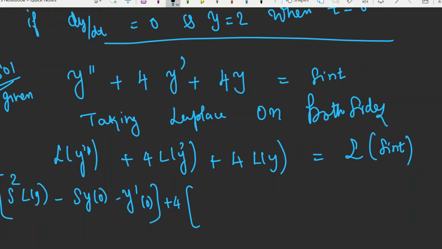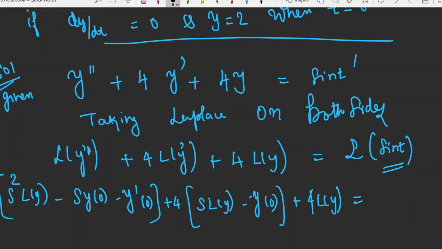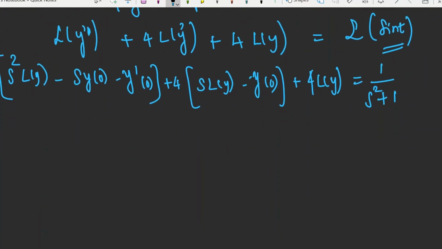What is the value of L of y dash? s L of y minus y of 0, plus 4 times L of y equals, we know the value of L of sin at. The formula for L of sin at is a by s square plus a square. So here a value is 1, so 1 by s square plus 1 square, and 1 square is 1.